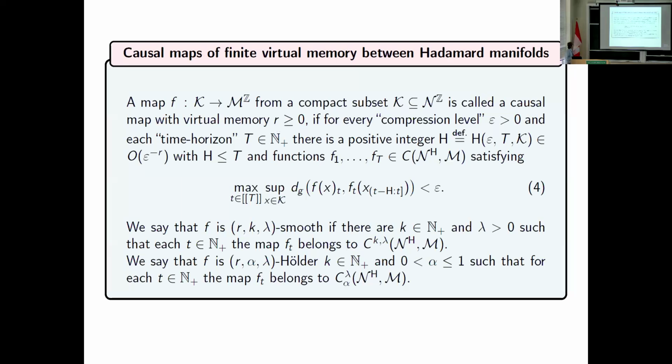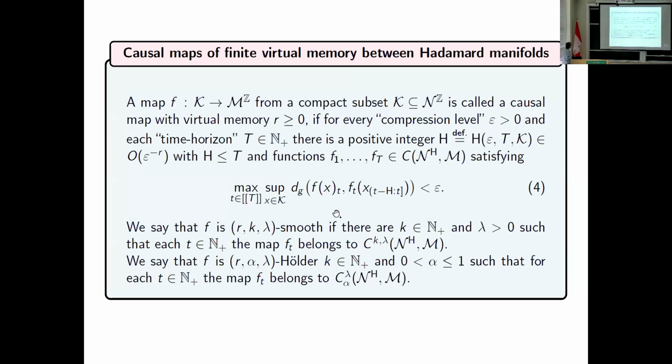So basically we have a compression level epsilon, and at each time horizon capital T, we are able to find this integer h. Remember that h plays the role of the memory of our network, that satisfies this inequality.